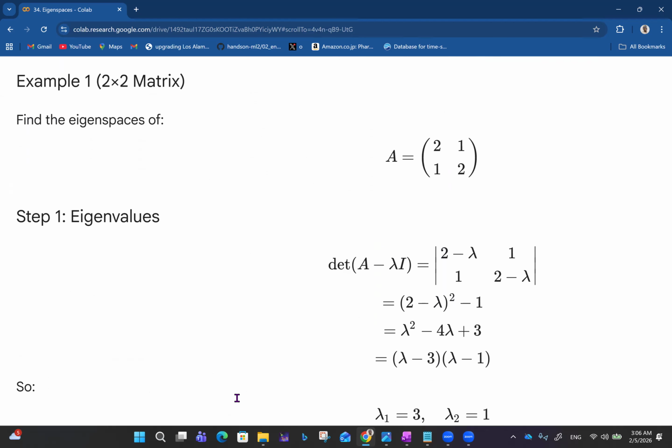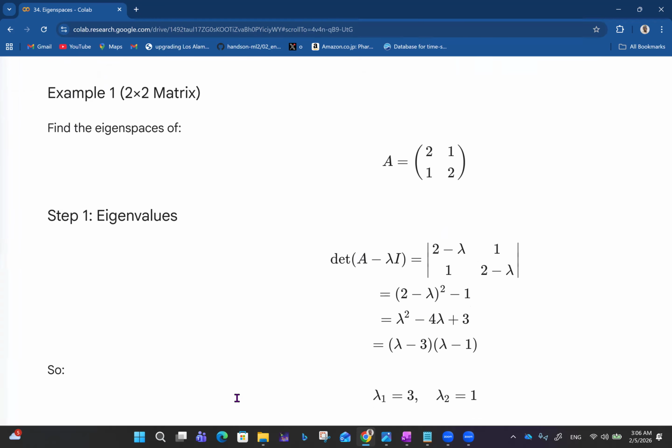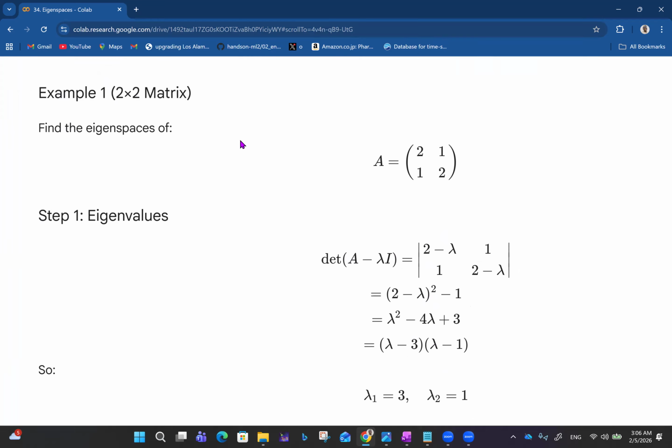Let's look at a very good example with a very simple, straightforward matrix. Find the eigenspaces of A, which is 2, 1, 1, 2. Step one, eigenvalues. The determinant of A minus lambda I is the determinant of 2 minus lambda, 1, 1, 2 minus lambda. So you find the determinant: 2 minus lambda times 2 minus lambda, minus 1 times 1.